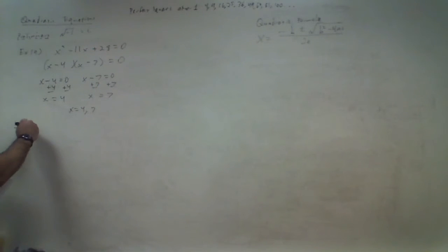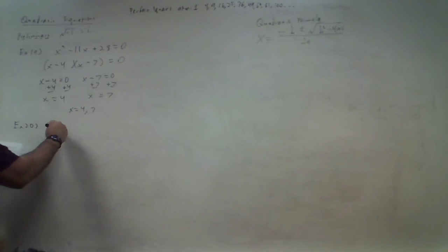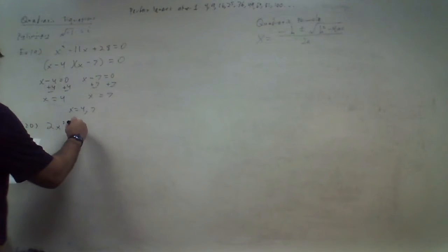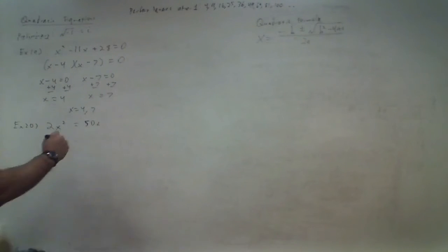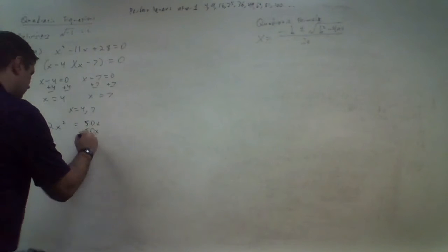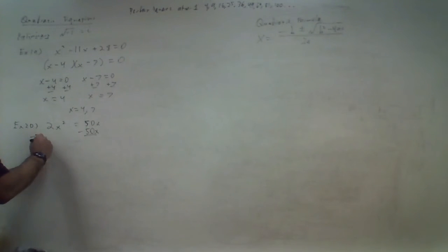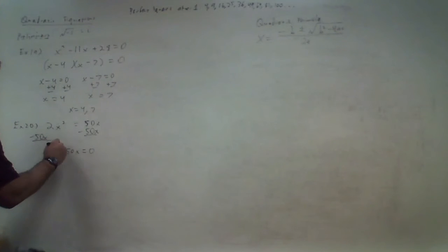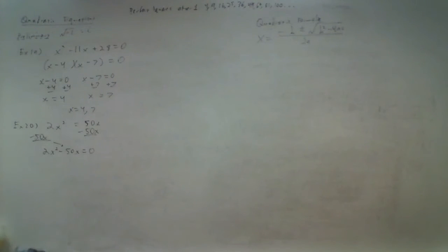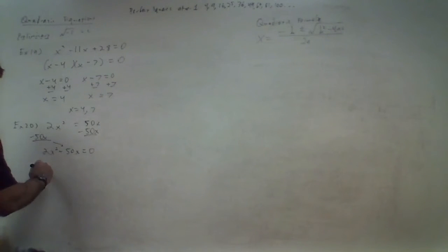Example 20. 2x squared equals 50x. First of all, we want to bring one side to 0. So 2x squared minus 50x equals 0. Both of these terms have a 2x.